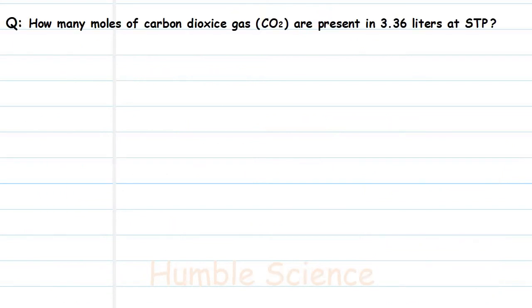This first question is for gas at STP, and it says how many moles of carbon dioxide gas are present in 3.36 liter at STP. As mentioned earlier, when it's at STP, the conversion is pretty convenient.